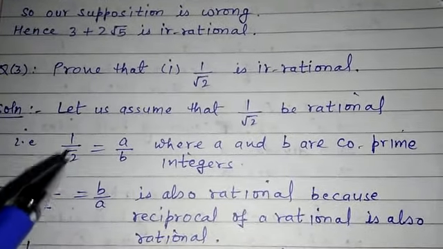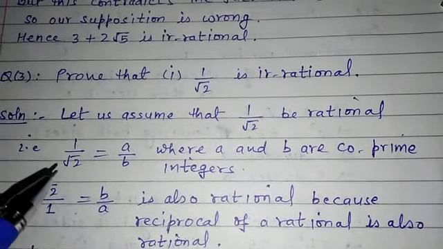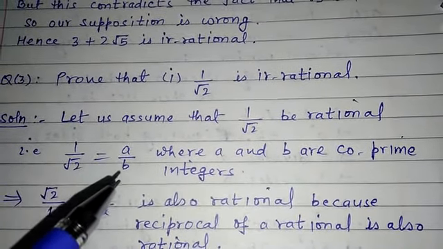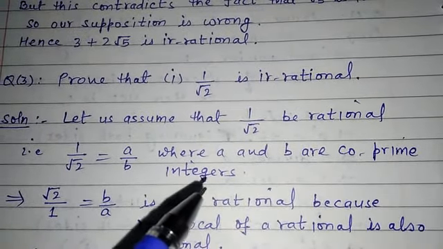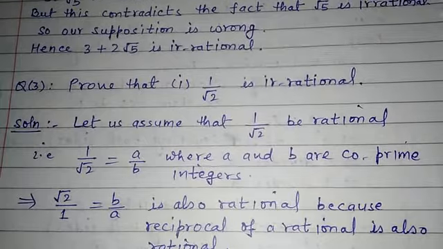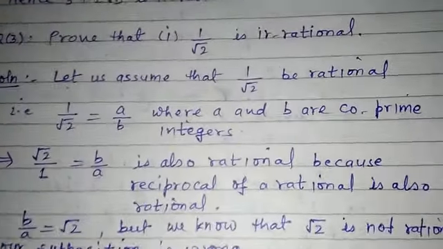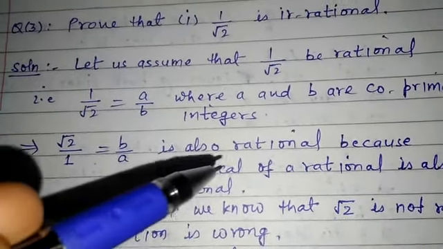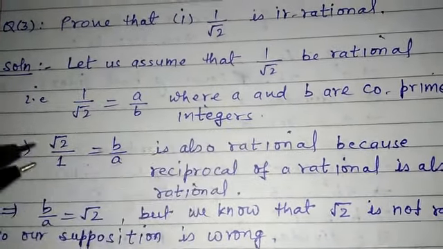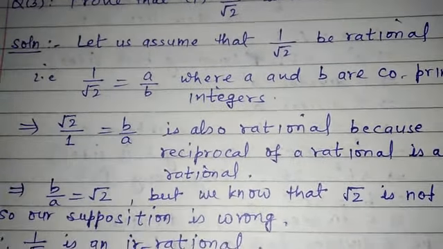That is, it must be of the form a by b, or p by q, where a and b are co-prime integers and b is not equal to 0. So we can write that root 2 by 1 equal to b by a is also rational, because the reciprocal of a rational number is also rational.